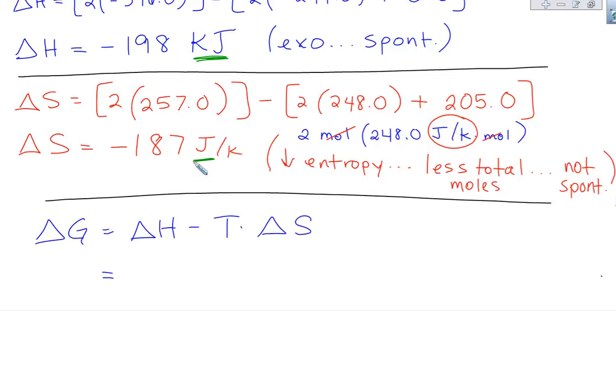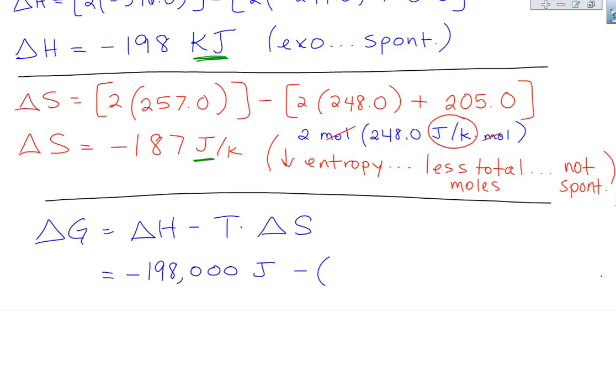So it really doesn't matter to me. Let's take that delta H and say negative 198,000 joules. You could also use the second one in kilojoules. Minus. Here's the other thing we have to be a little careful of. Temperature.